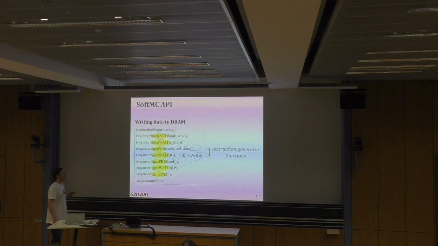For example, for this activate command, we can pass directly the bank ID and row ID of the bank and row we want to activate, and then this generates the appropriate command to send to the FPGA. After this activate, we can define some time in terms of cycles to wait. Here we are trying to model tRCD because we are going to perform the write operation after activate.